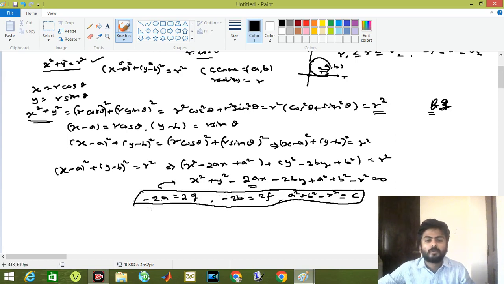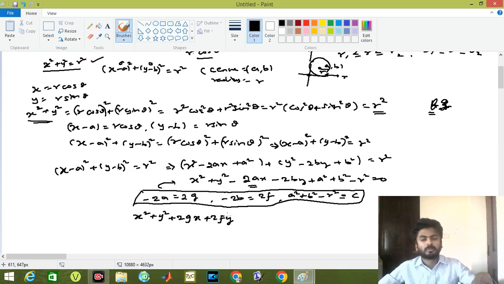Substituting these three things in the above equation, I will get x square plus y square plus 2gx plus 2fy plus c equal to 0. This is the general equation of circle.